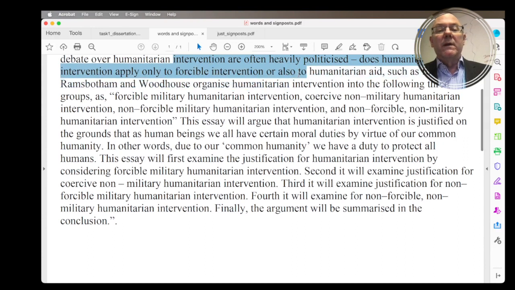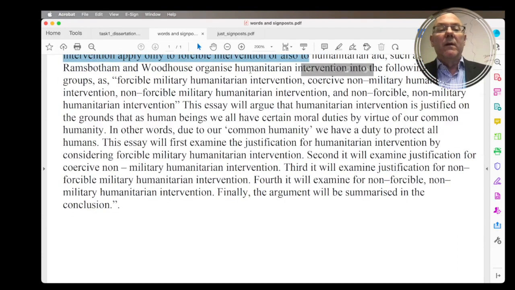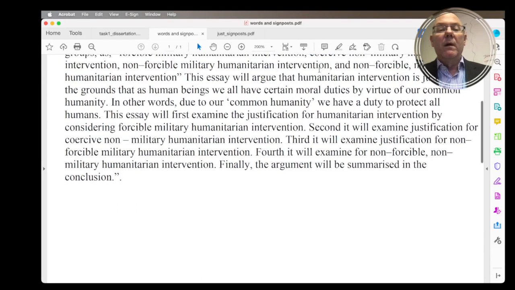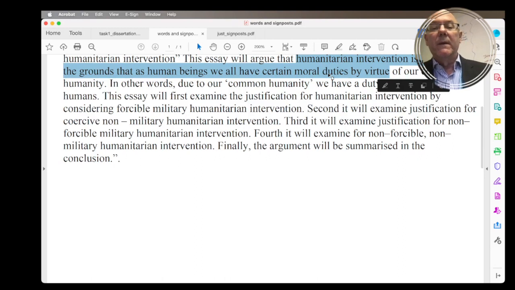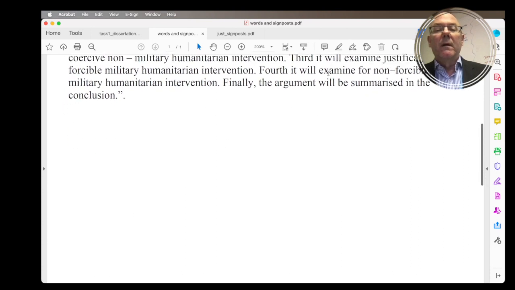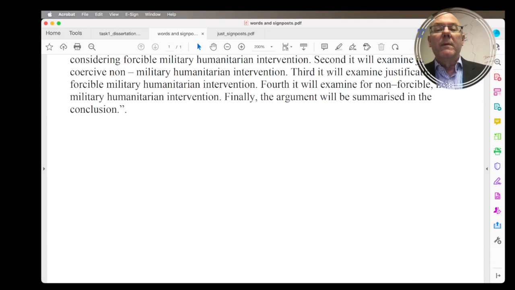the narrative that relates to the definition and what Ramsbottom and Woodhouse do, and the actual argument, which was basically that we have common humanity and a moral duty to protect people and provide humanitarian assistance, and all of the information about humanitarian intervention.